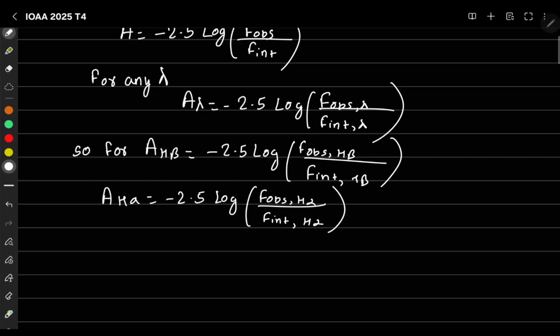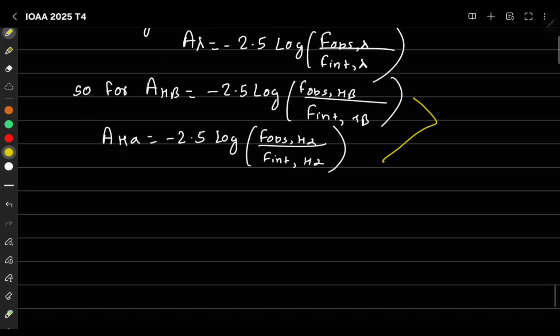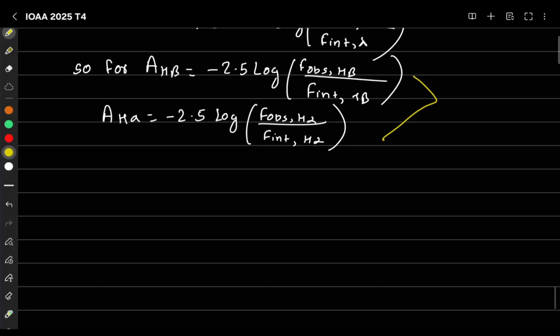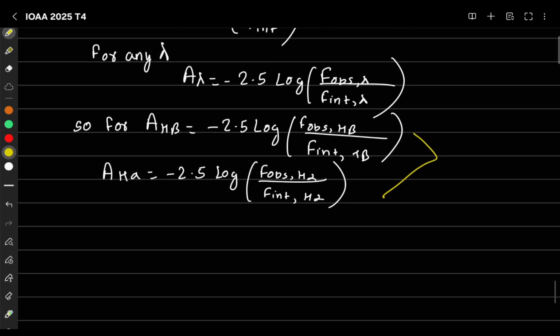These two are the relations. Now, how do you find the observed flux and the intrinsic flux for Hα and Hβ both? How do you define that?